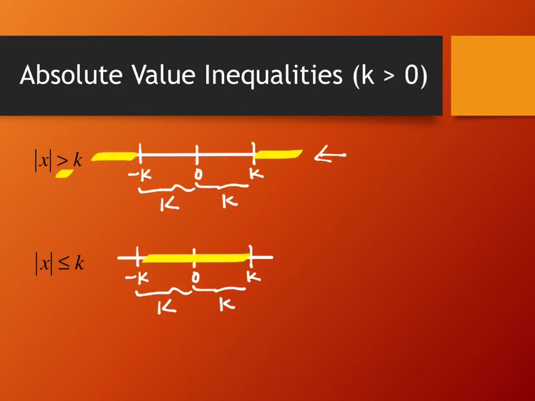So what happens over here is that I get an "or" statement. If you look at the right-hand side, you are greater than k away, so x is greater than k. But on the left-hand side, you're given the inequality that x is less than negative k. That's how it relates to the graph.